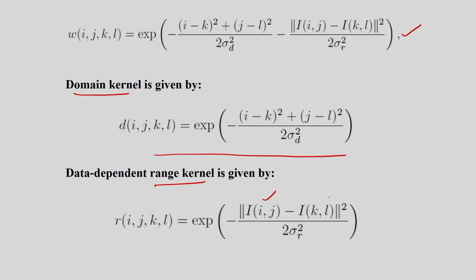So I am finding the photometric similarity between the pixels, and also the geometric similarity between the pixels. In bilateral filtering, the domain kernel and the range kernel are combined, and by combining these two I get the weight.